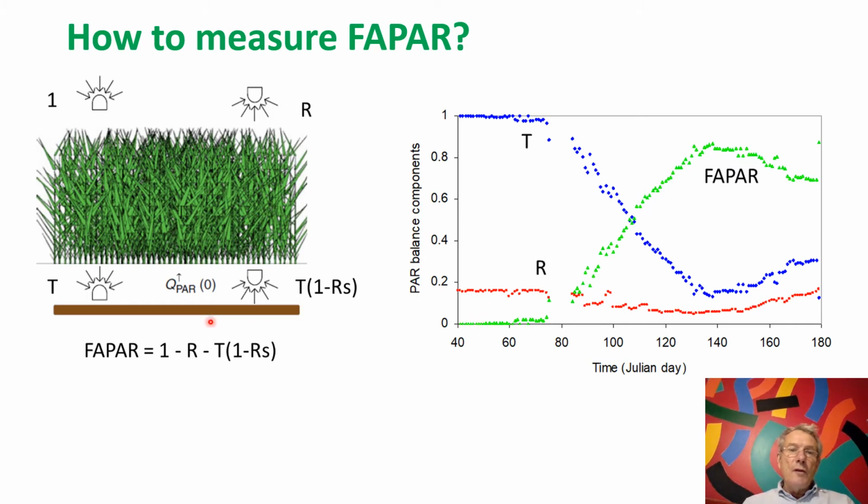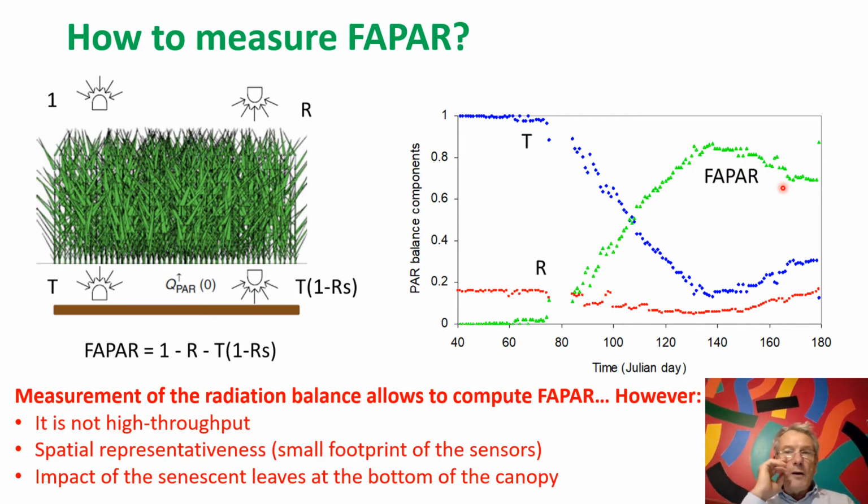As a result of this equation, the FAPAR is increasing a lot with the development of the leaf area, with some saturation here close to 0.9, and then a drop with the senescence. You can see here that the drop is not very important, because all the elements are contributing to the fraction of absorbed radiation when you measure the radiative balance.